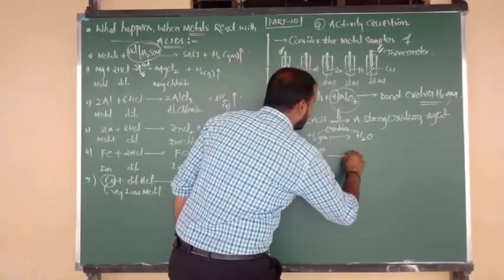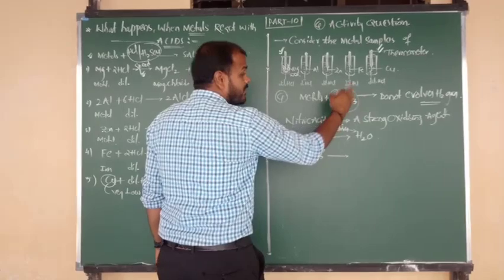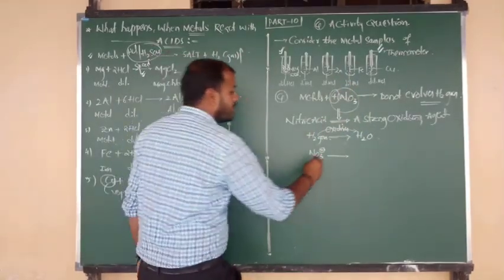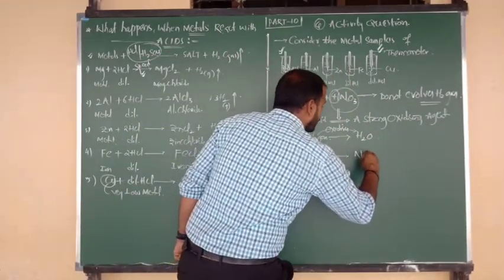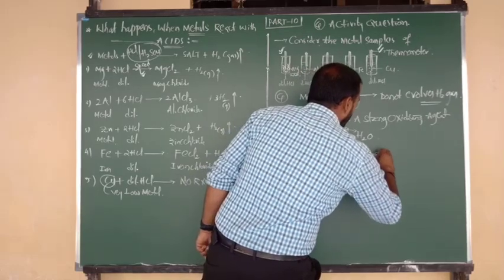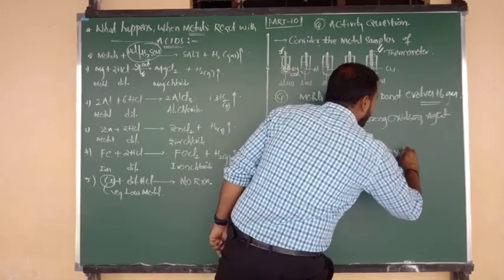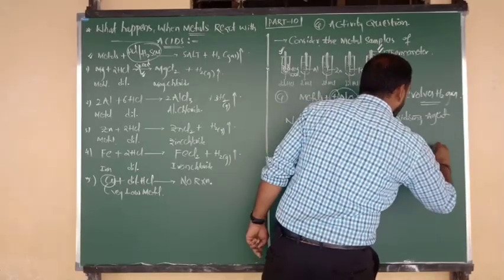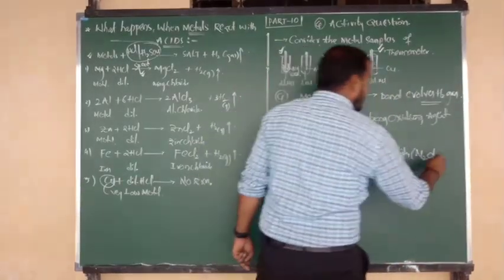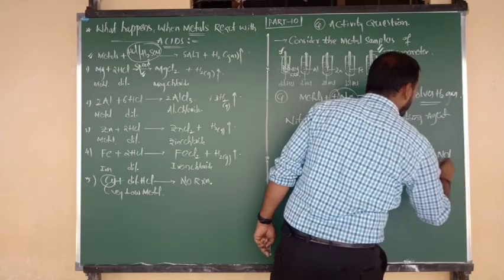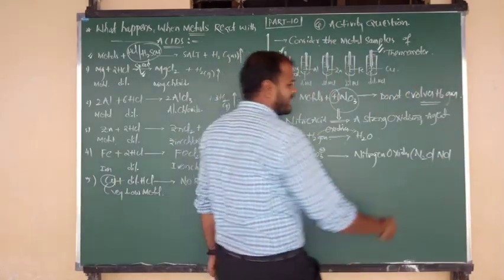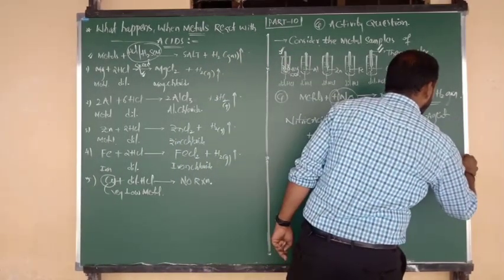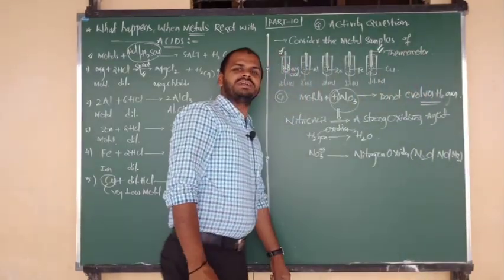So we can say the nitrate ion or NO3 minus which is present in nitric acid undergoes reduction to nitrogen oxides. Sometimes we can get the product N2O, nitrous oxide, sometimes NO, that means nitric oxide, and sometimes NO2, nitrogen dioxide.